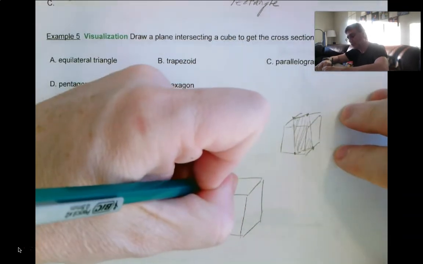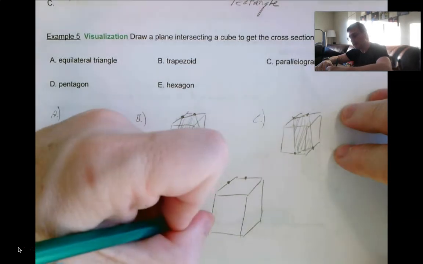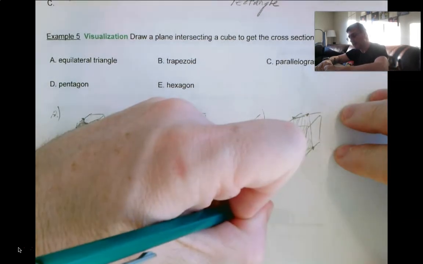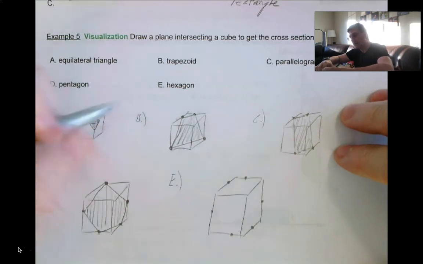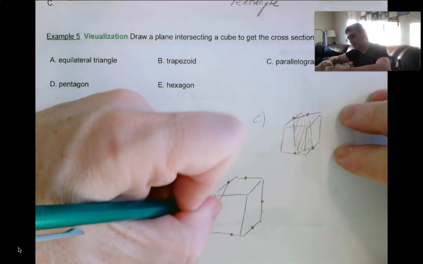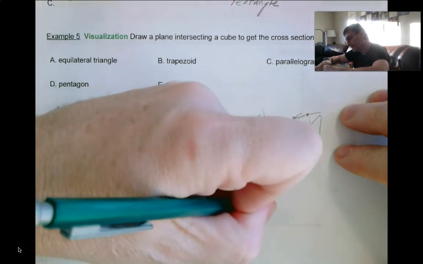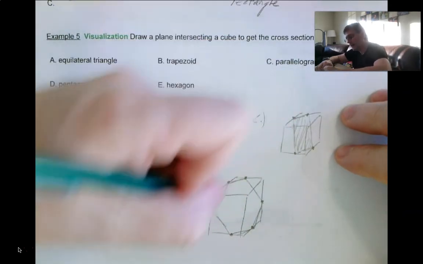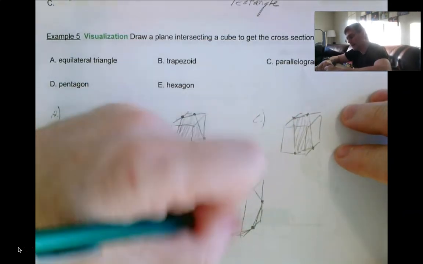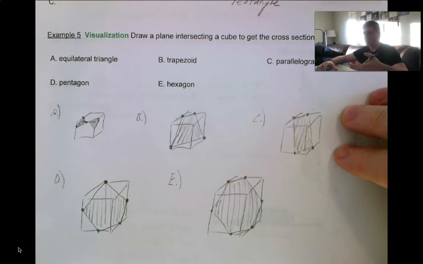I'm going to put 2 points here and here. Then 2 points here and here. Here and here. Connect. And there is the hexagon cutting through the cube.